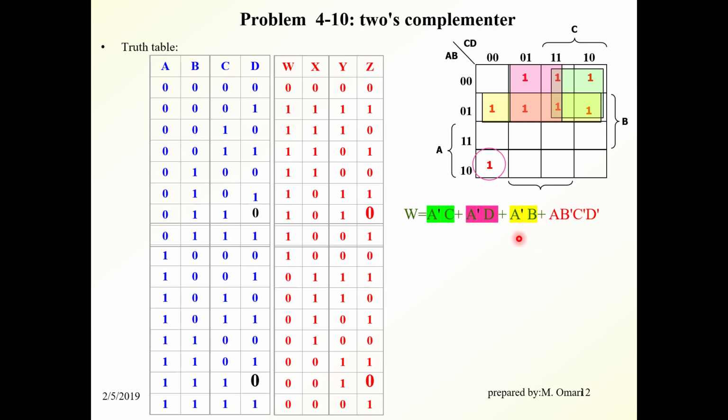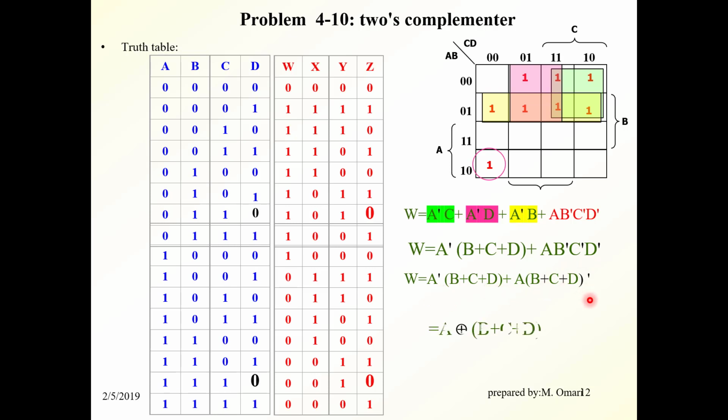You will notice that A bar is common, so we take it out, and we are left with this term and this term. Now this term here, we can write it in a different way, which is this, from De Morgan's theorem. And then we notice that this is the exclusive OR of these two terms. So this is what W is.